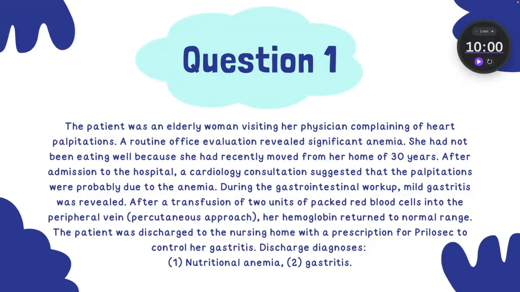So, although the palpitations were the reason for the admission, the underlying cause was determined to be anemia, so anemia would be sequenced principal. In addition, we should also assign a code for the palpitations, which are not inherent in anemia. What do I mean by that?